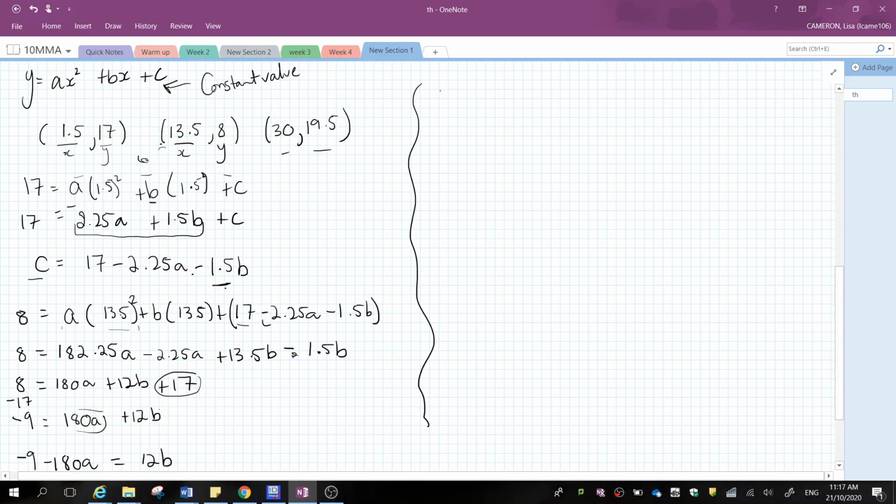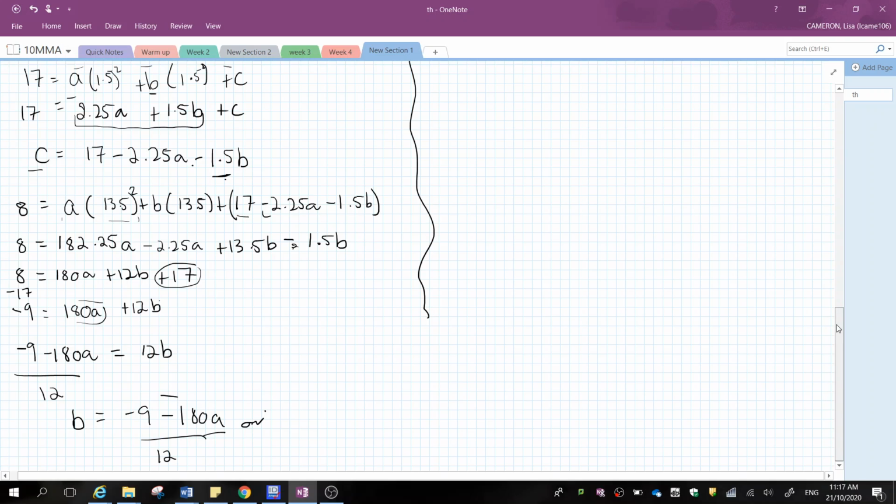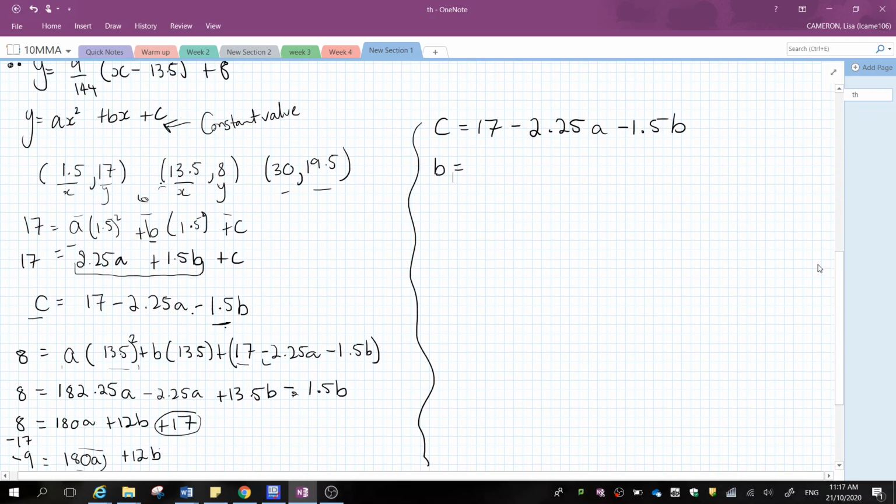Okay, so let's state what we got. So c equals 17 minus 2.25a minus 1.5b. Okay, we substituted that in there and we worked out that b is equal to negative 9 minus 180a, all divided by 12.